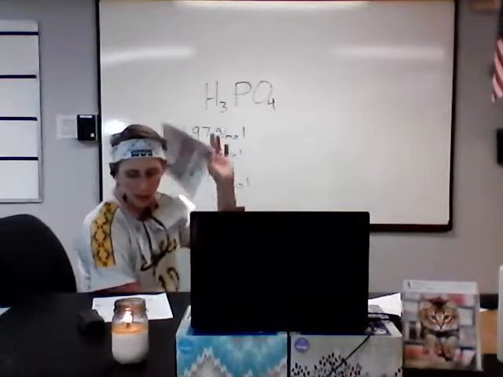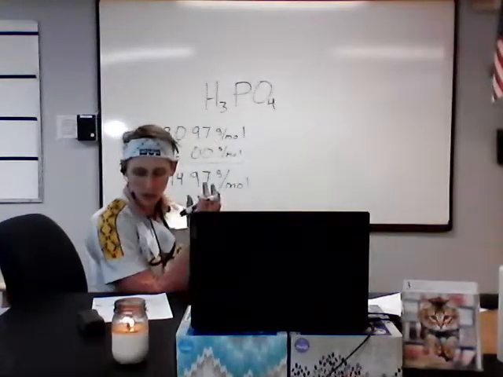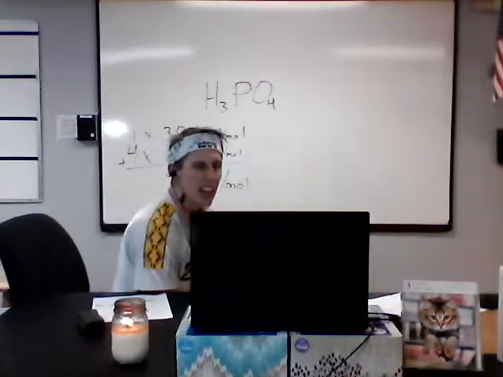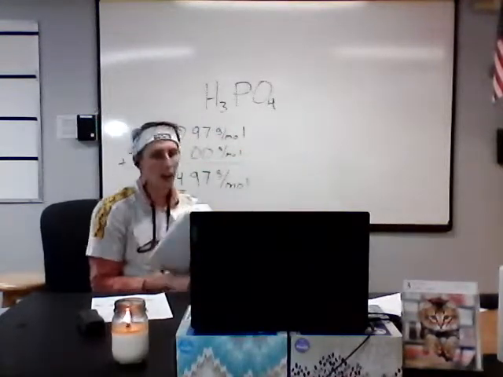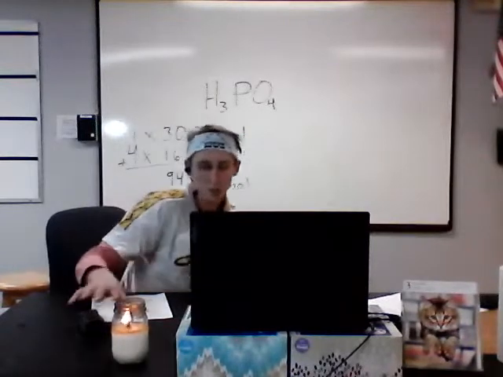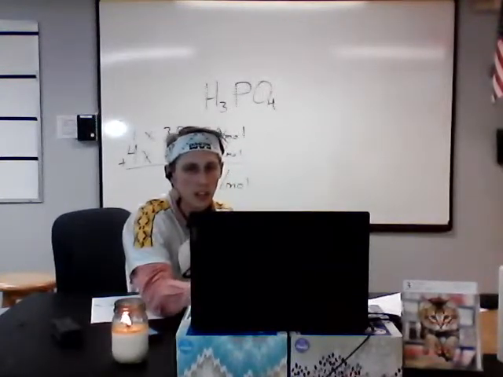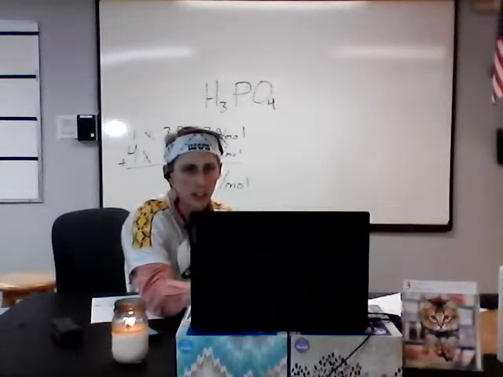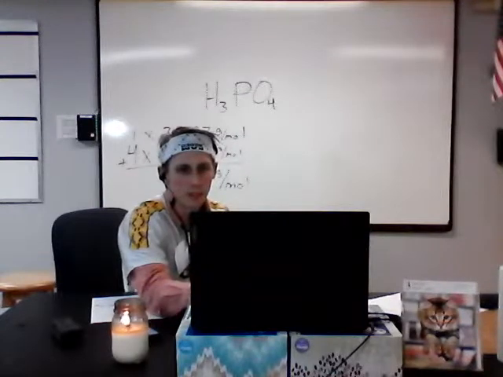Notice we have the molar mass of the acid or base, and we're dealing with an acid here. Then we're going to divide it by the number of ionized H atoms. In this equation, how many ionized atoms do we have? How about Darcy? How many do we have here? 3.